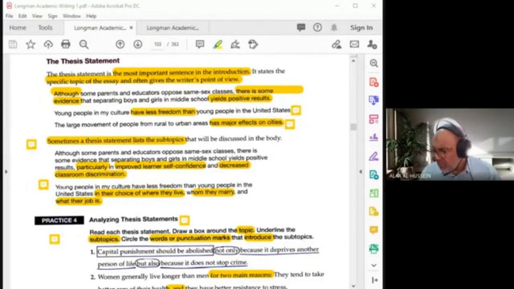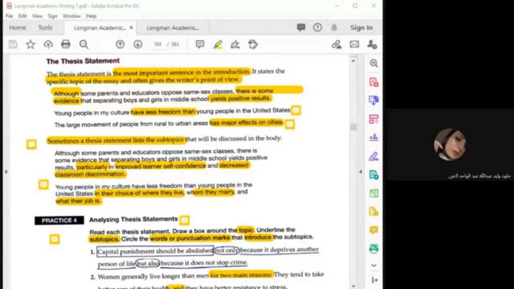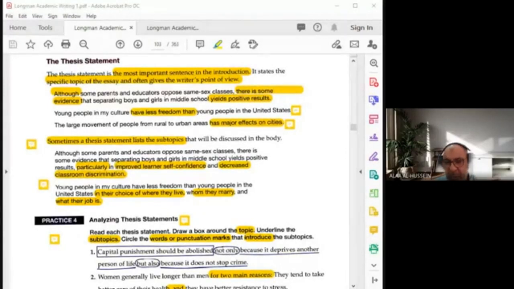Khulud. Yes, doctor. Without the subtopics, the thesis statement becomes boring, and it supports the main ideas of the thesis statement. It's not necessarily that without subtopics we are going to face boring thesis statements.